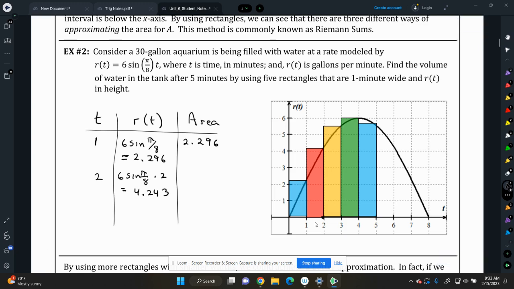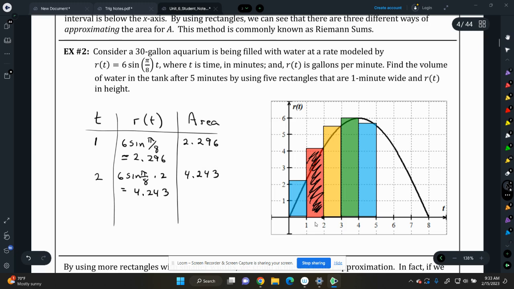Okay, so what's the area of this rectangle? What's the area of this rectangle? Is everybody with me? The area of that rectangle, 4.243.